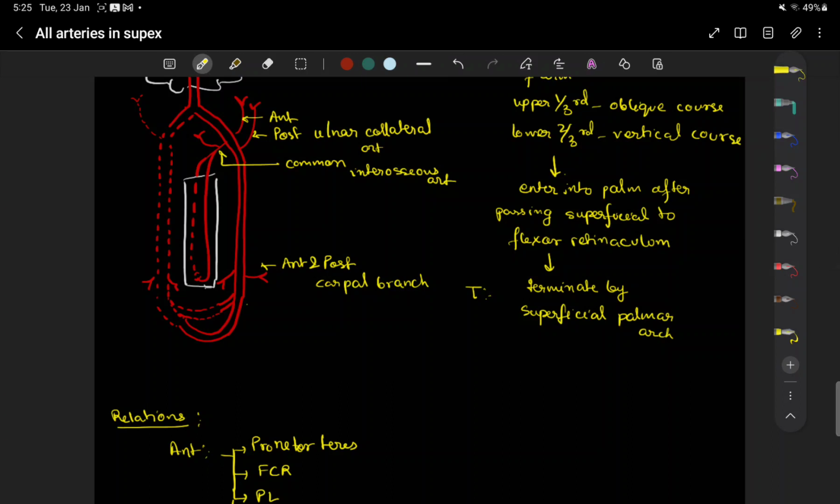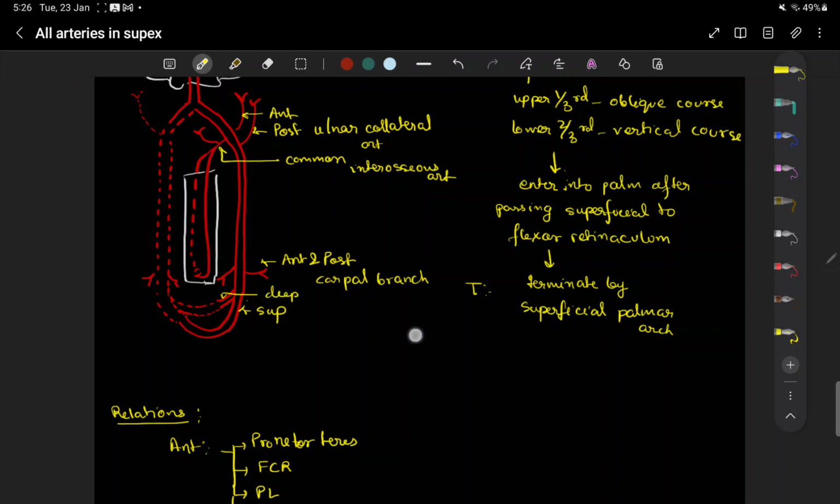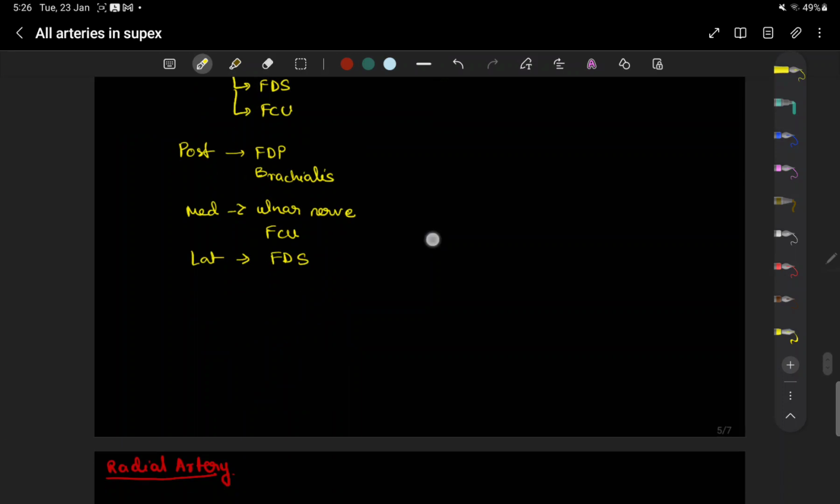The terminating branch is a superficial branch. Also, it contributes a deep branch, which is quite small, towards the formation of the deep palmar arch. Okay, so that is for the branches.